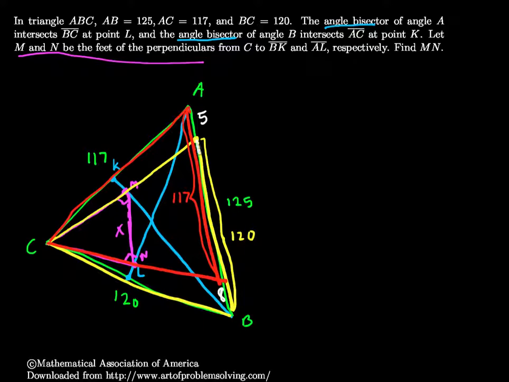And that means that this white segment, where the two isosceles triangles overlap, is going to be 125 minus the 5 and the 8, so minus 13, which gives me 112.